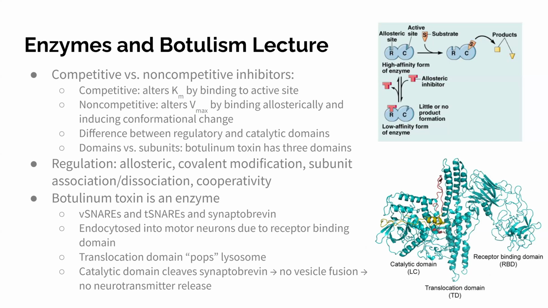That happens because of the receptor binding domain, it's an enzyme that makes that happen. Then the middle domain, which is the translocation domain, basically pops the lysosome. So instead of eating up the enzyme because it is a toxin, the toxin escapes and then it's free to do whatever it wants in the cell.